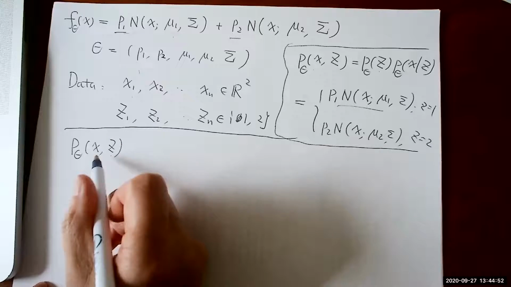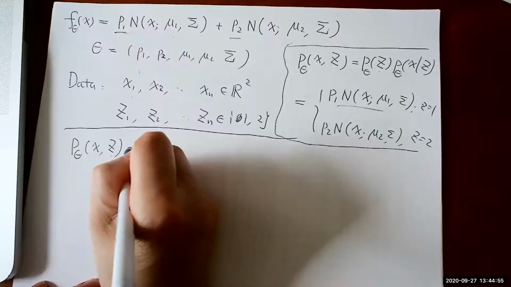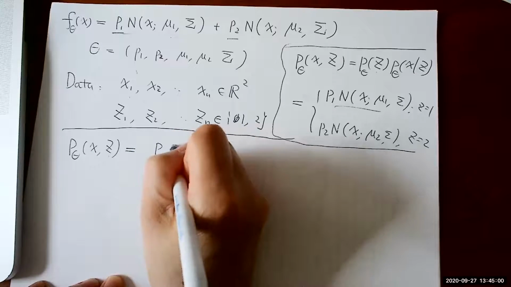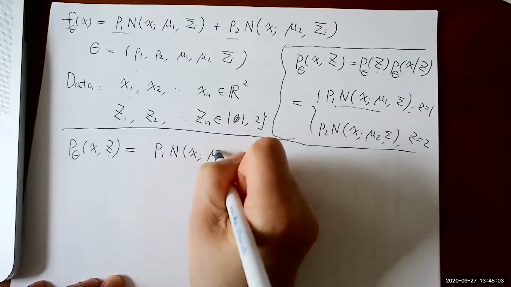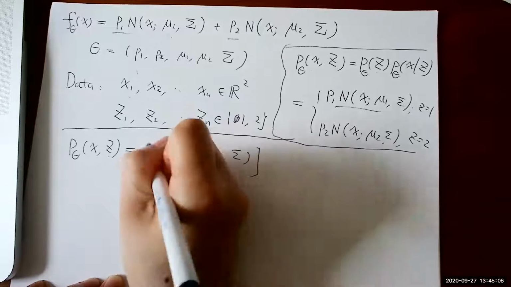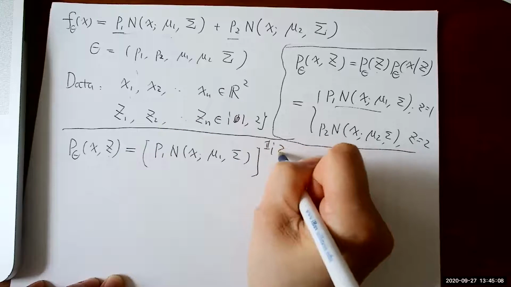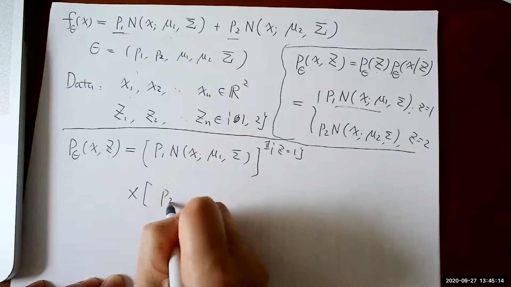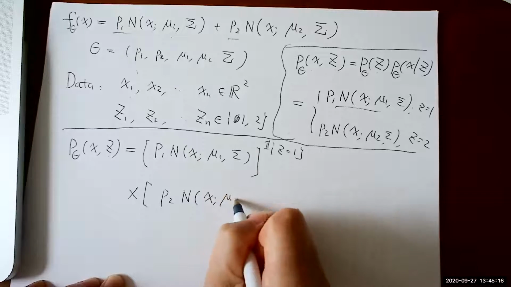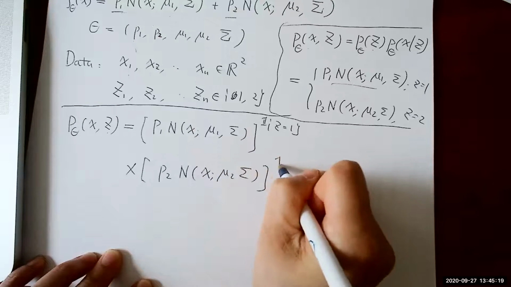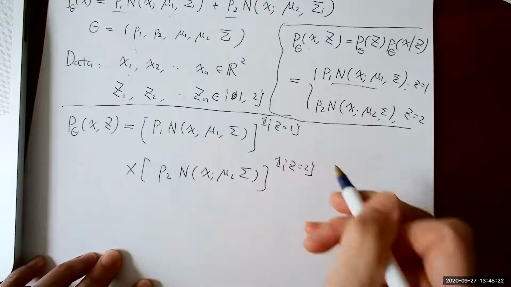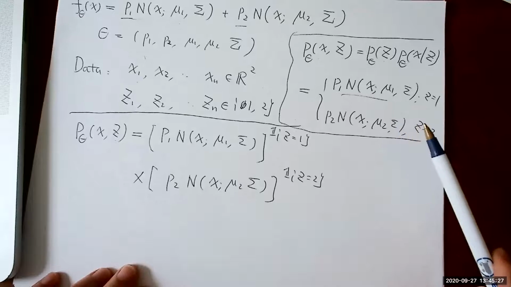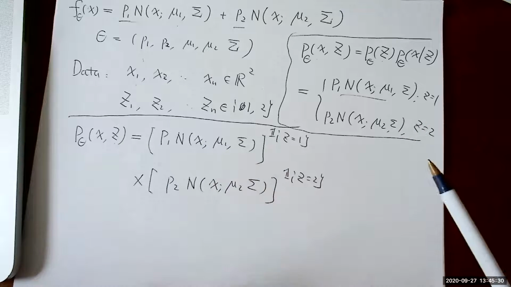So you can think of this as lowercase. This is equal to P1 times the normal density with mu1 and sigma, raised to the power of the indicator z equals 1, and then times P2 times the normal density of x with mu2 and sigma, raised to the power of the indicator z equals 2. This is exactly the same as the case-by-case expression, but what's nice is that everything is a product.